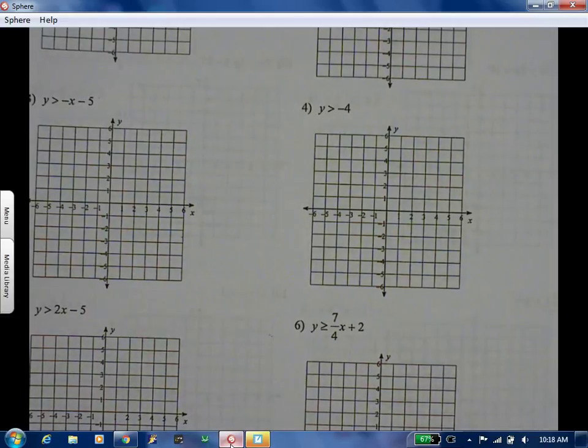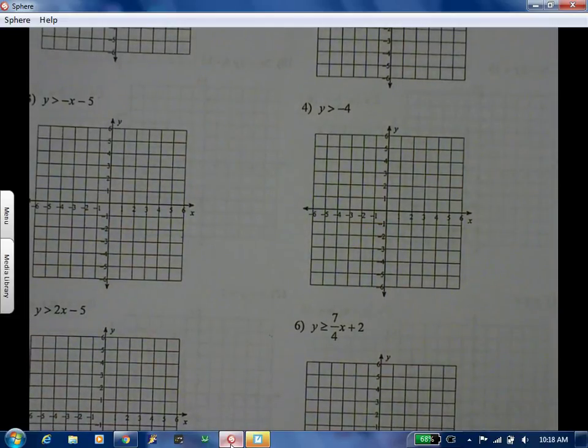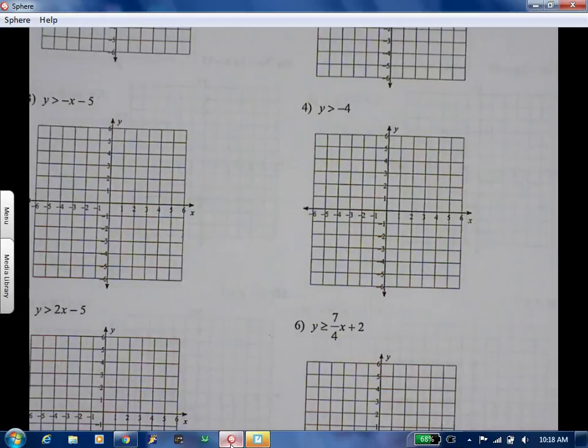What's different about number 4? Just a number. There's no x, is there? So is there going to be an x-intercept? No. So it will always be a straight line. It's just going to be constant. Nice word. Constant function.